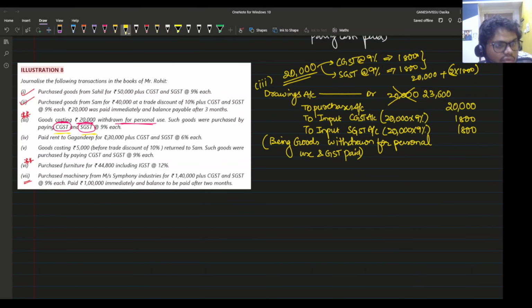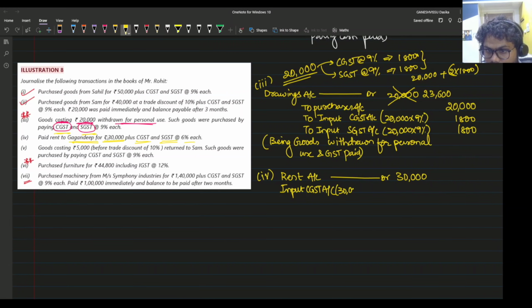Let us go for the fourth entry. Paid rent to Gagandeep for 30,000 plus CGST and SGST at 6% each. This is an entry related to rent. So rent is an expenditure. Let us write rent account debit. How much? 30,000. Input CGST account.